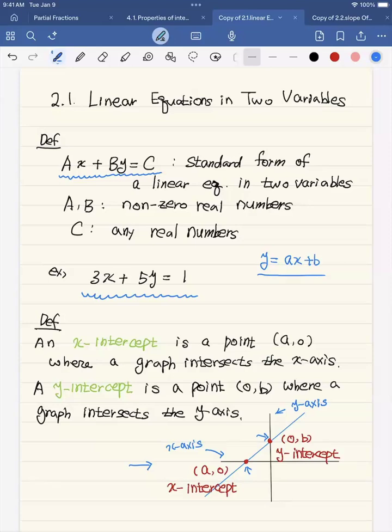When we consider the coordinate, the first coordinate is the x-coordinate, and the second coordinate is the y-coordinate.